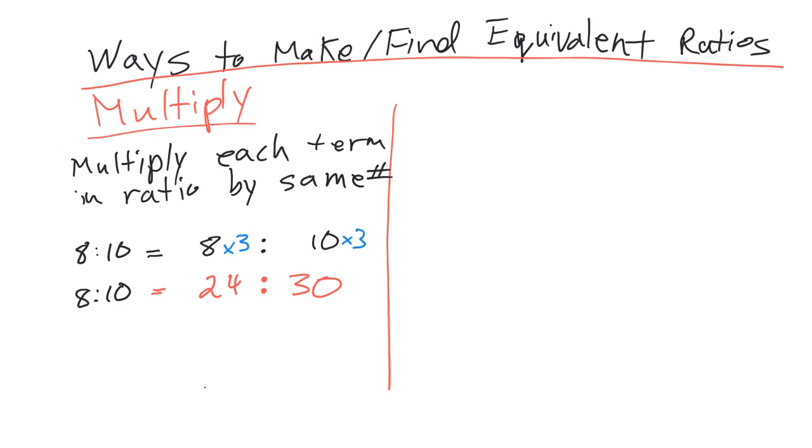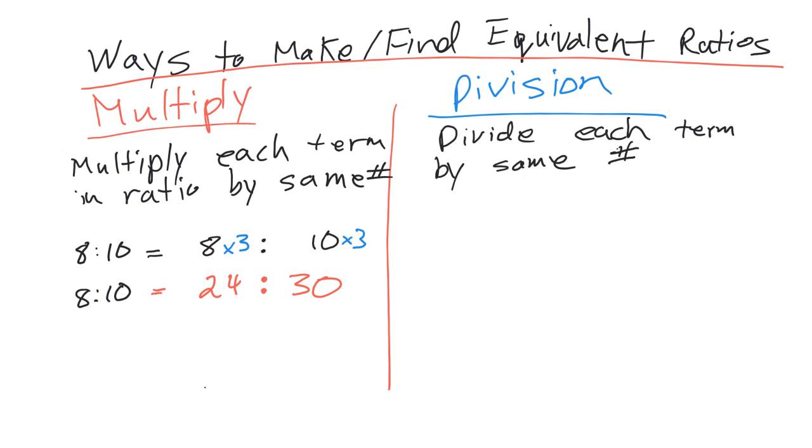Now, another way to do this is by division. For the division, what we're going to do is divide each term by the same number. In this case, let's say I had 8 to 10. What we can do is write 8 and 10. And then we divide both of these by, say, 2, because both 8 and 10 can be divided by 2.